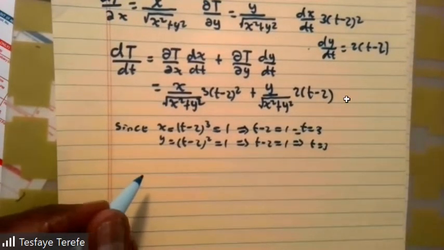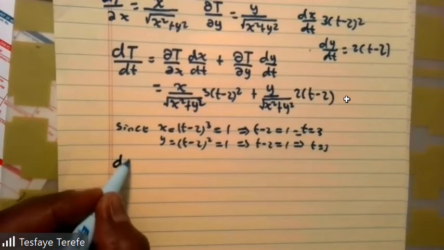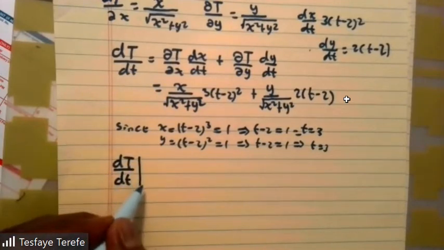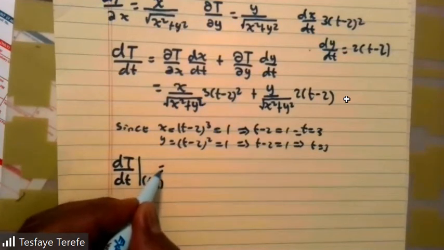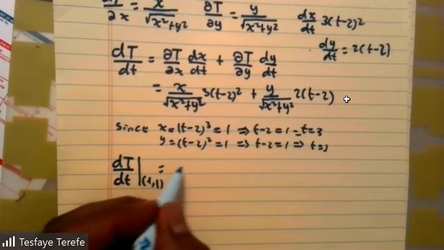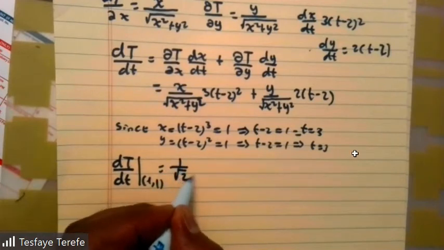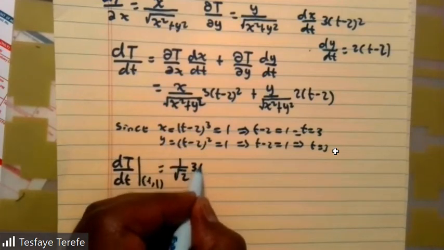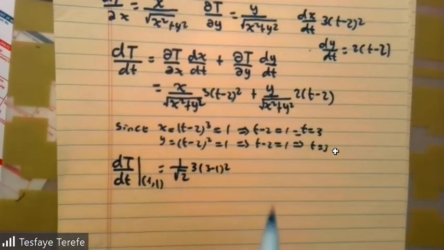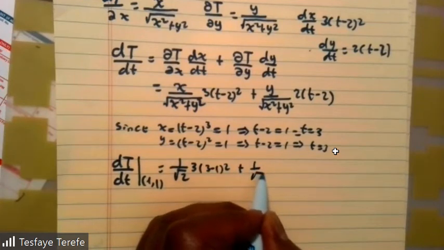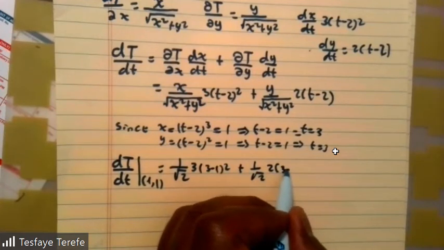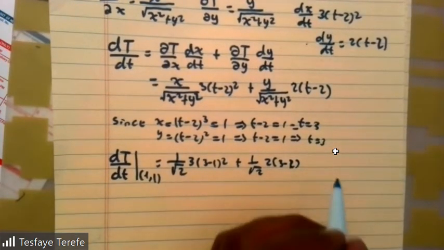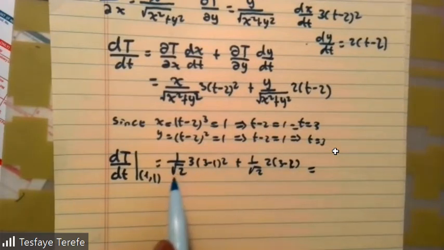So, based on this, the rate of change of temperature with respect to time at the point (1, 1) is going to be 1 over square root of 2, because this is 1 and this is square root of 2, and you have 3 times 3 minus 2 squared plus 1 over square root of 2 and 2 times 3 minus 2, and that is what we have. And as you see, this is going to be 1 times 3 is 3.